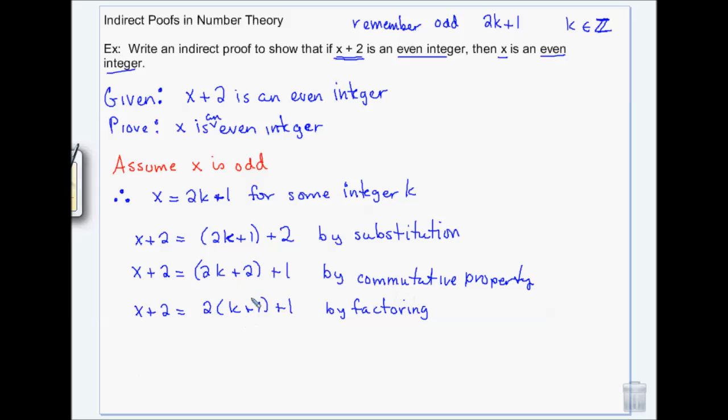Right? I took a 2 out of 2k plus 2. I factored it out. I can divide both of these by 2. I could take the 2 out, and then 2k divided by 2 is just k, and 2 divided by 2 is 1.